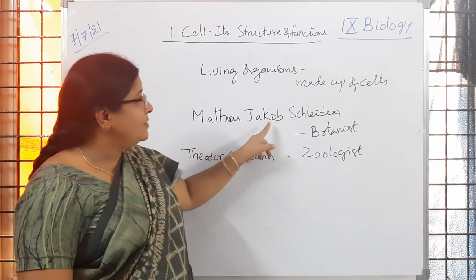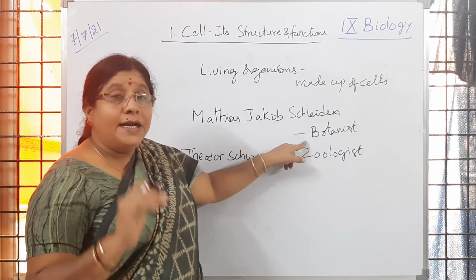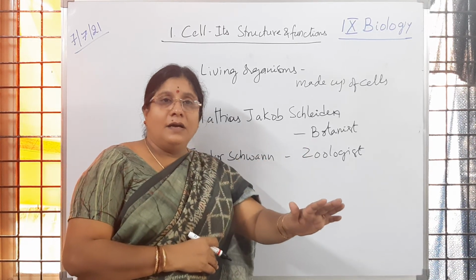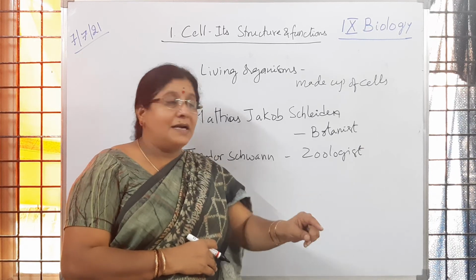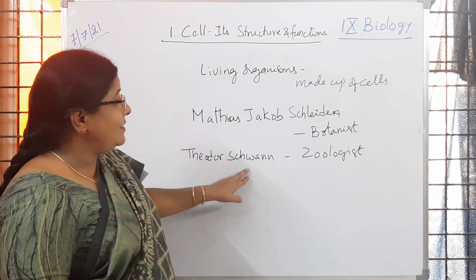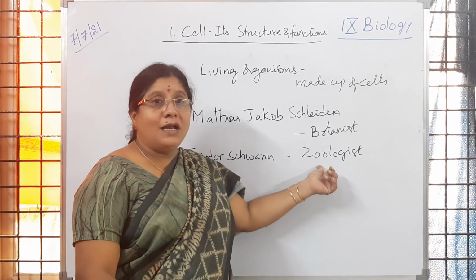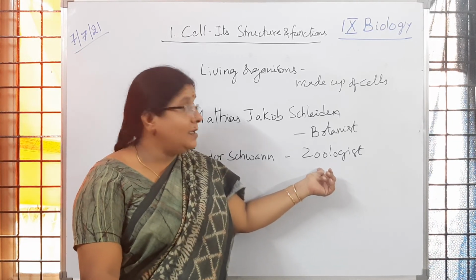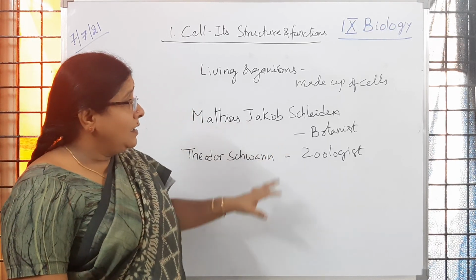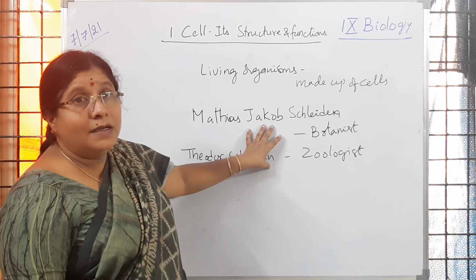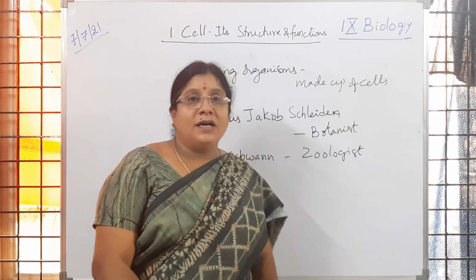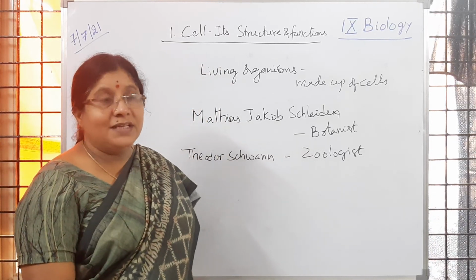So Matthias Jakob Schleiden, he studied about the plant cell. He has taken plant cells, he extracted different plant cells of different plants, and he studied in detail. Then Theodor Schwann, he was a zoologist. He studied about animal cells. Okay. So what do they say? When these cells are observed, more or less the same cell organelles were found with some differences.